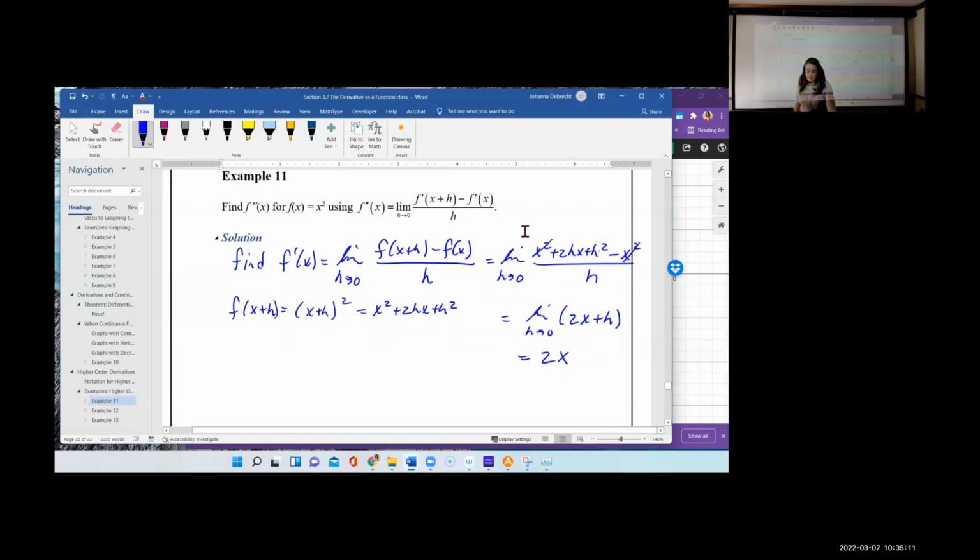Then if we want to find the second derivative, we repeat the process on that part right there. So we repeat the entire process on this function. So f double prime of x is going to be the limit as h goes to 0 of f prime of x plus h minus f prime of x, all over h.